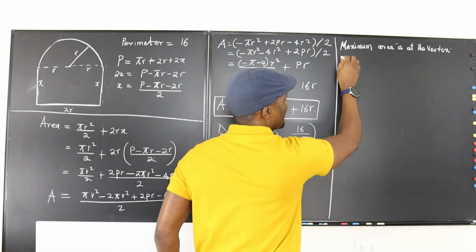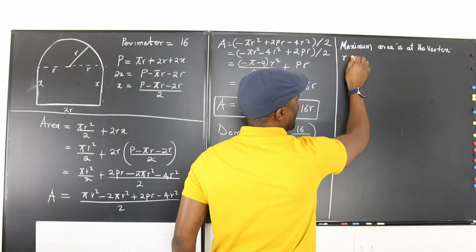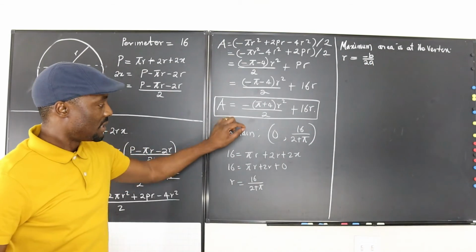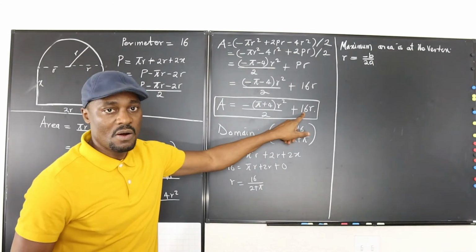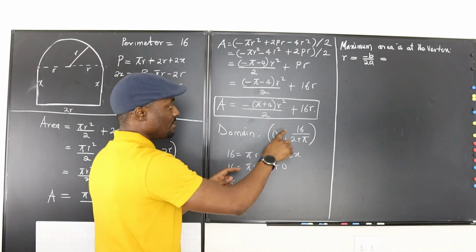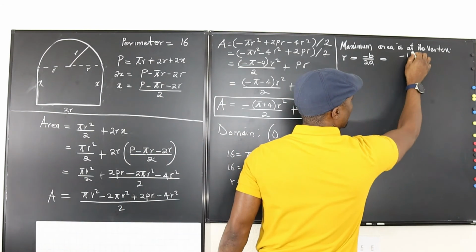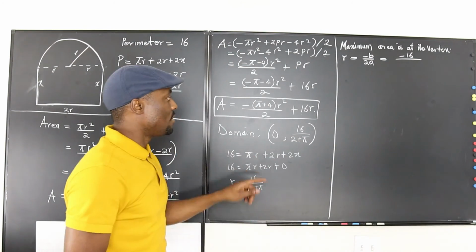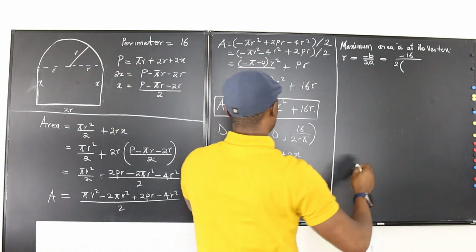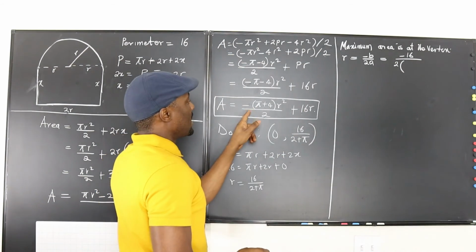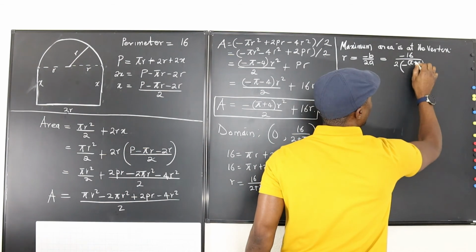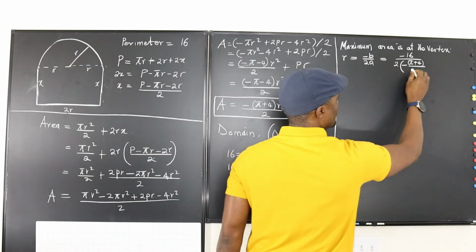Remember, the equation of the vertex is where r is equal to minus b over 2a. At this point, this is our a and this is our b. So this is equal to minus b, which is minus 16, divided by 2a. 2a will be 2 multiplied by negative (pi plus 4) over 2.